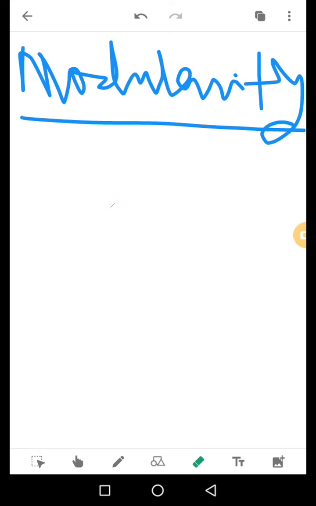So a good module must possess the three attributes: functional independence, cohesion, and coupling. I think you can explain the meanings of the three if you are asked to explain. If you are asked to explain functional independence, cohesion, and coupling, I believe you'll be able to do so.